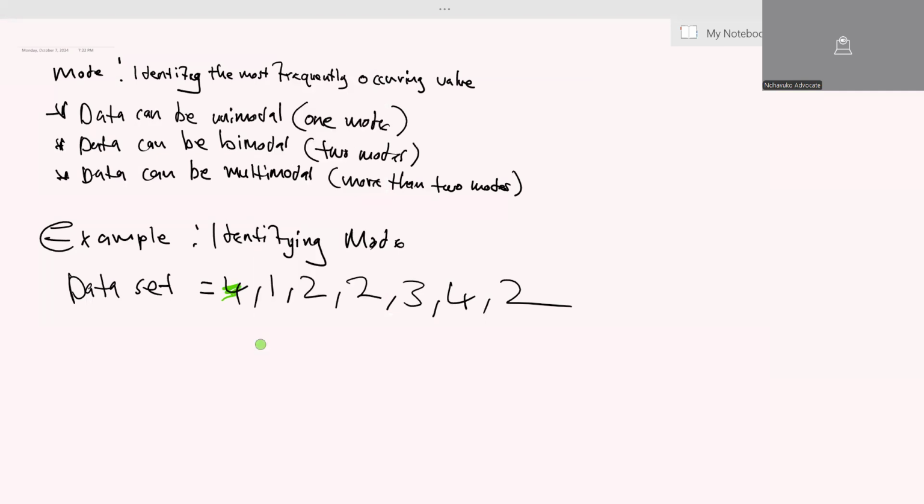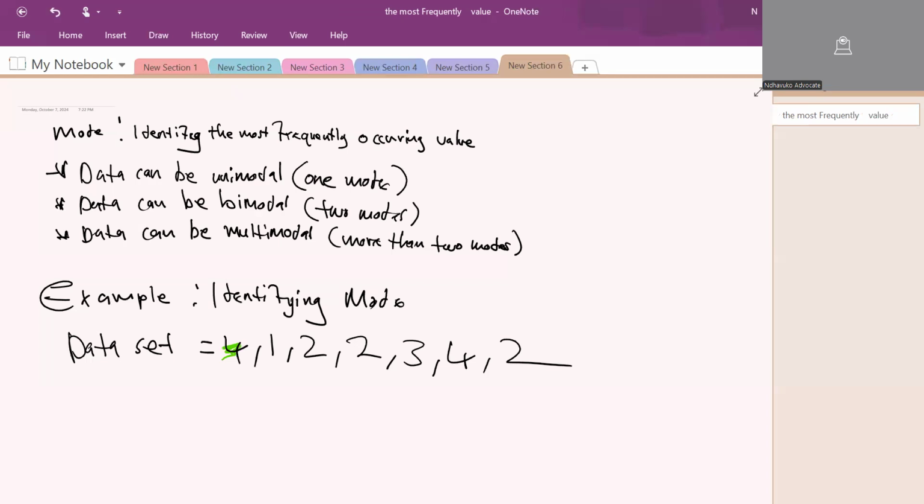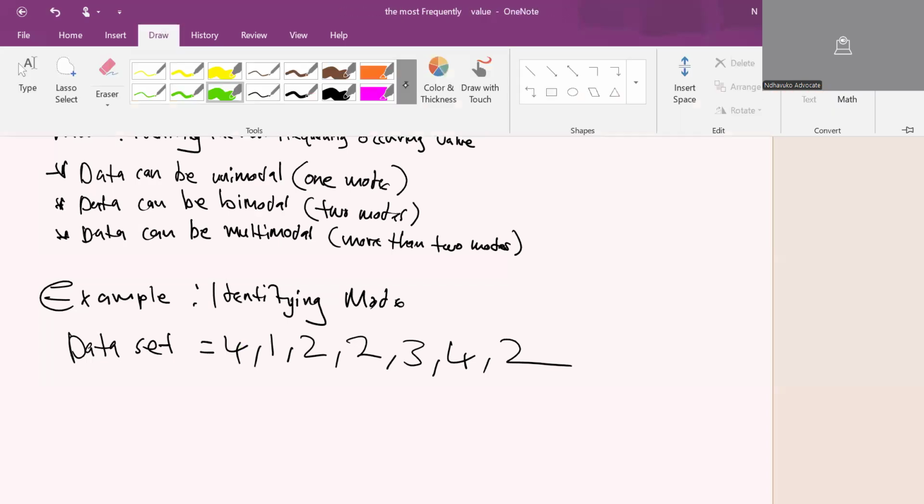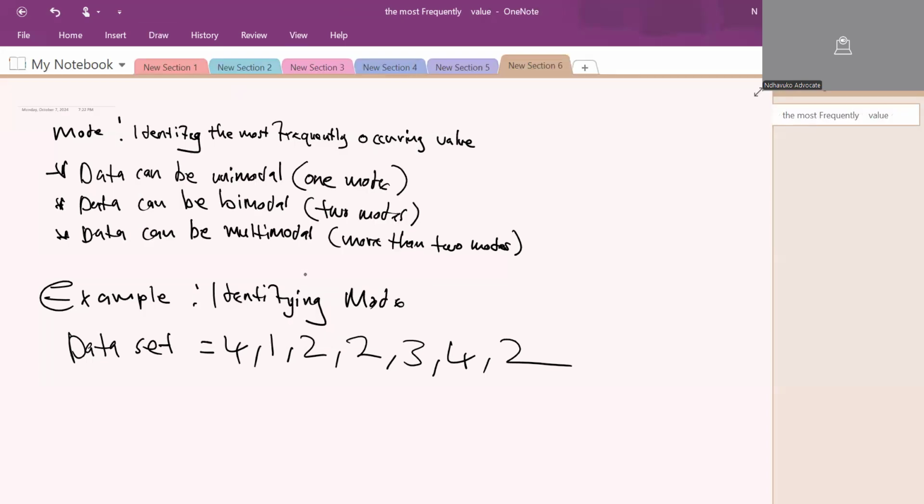The number that is repeating here is 2. That's simple, everyone can tell, right? The mode there is 2, because it is the number that is occurring most frequently. It's 2, 2, 2. So the mode is equal to 2.